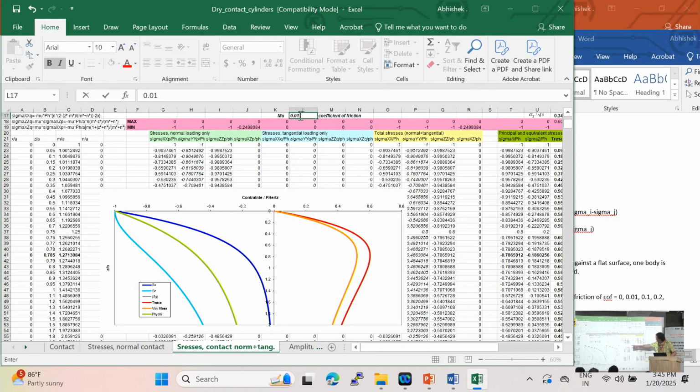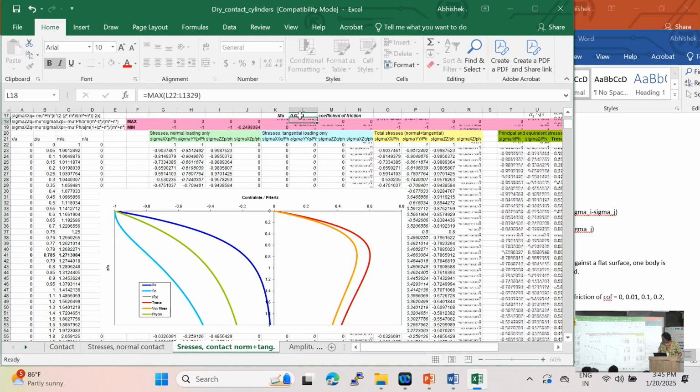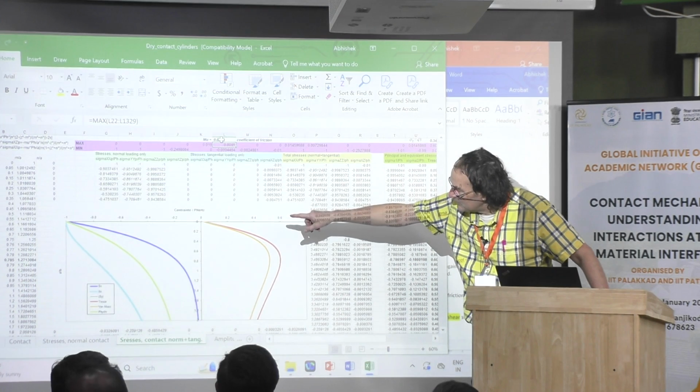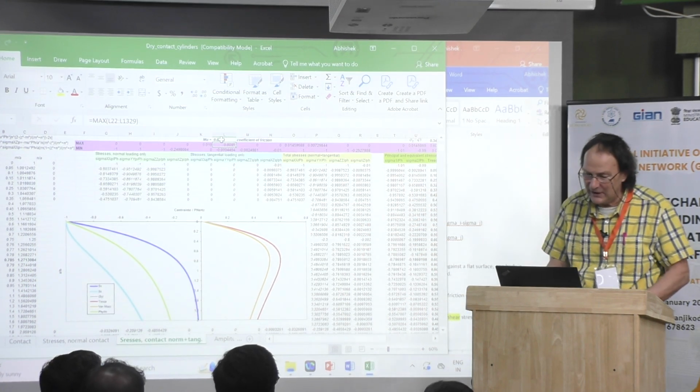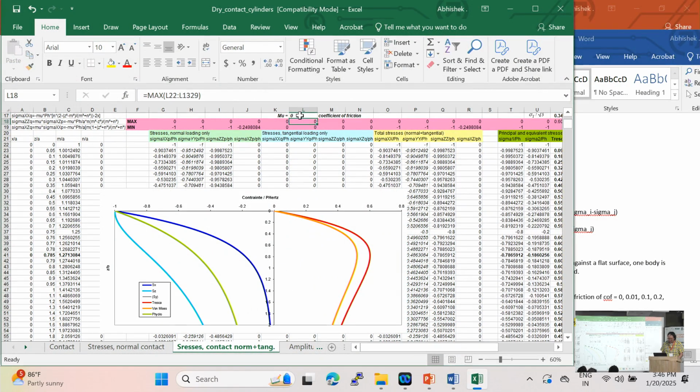Now just check the change on these two curves. Did you see the change? It's a very, very little change. The stress is no more 0 at the surface, it's slightly higher than 0. I put again 0.